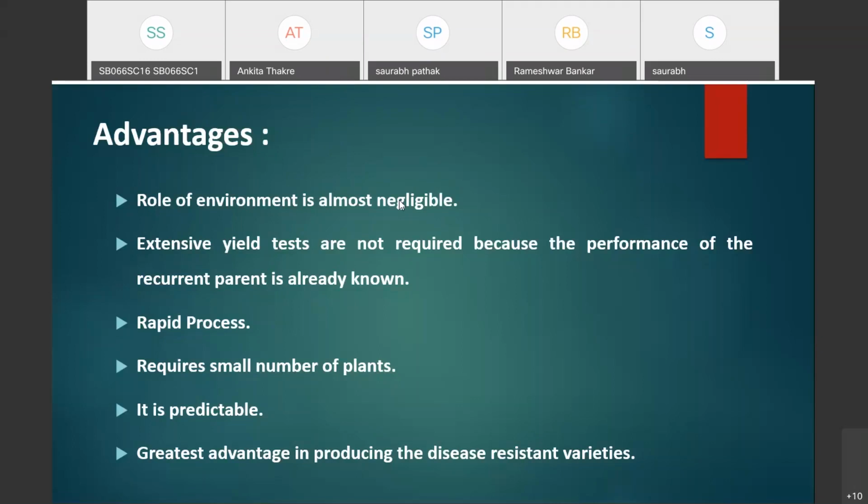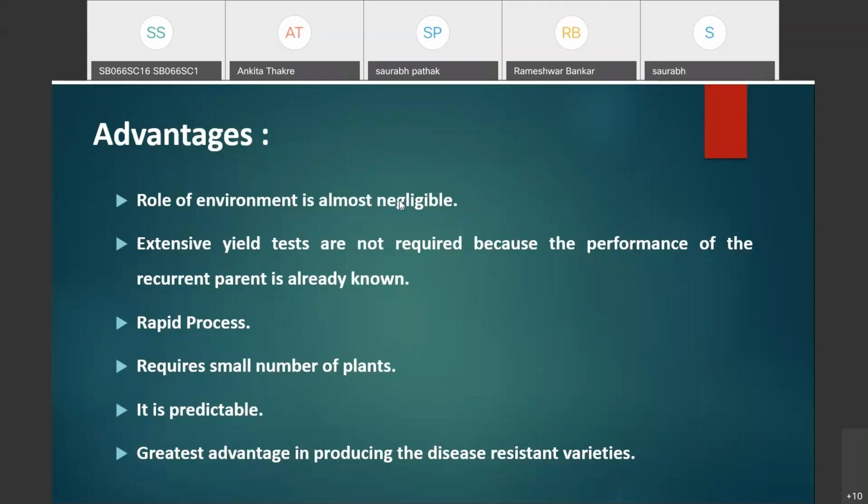Then this method is a rapid method. In this method, a small number of plants are required; it is not needed to select a large number of plants.